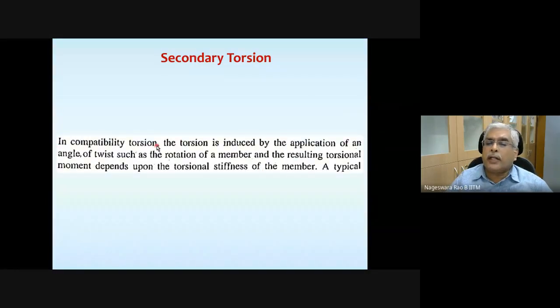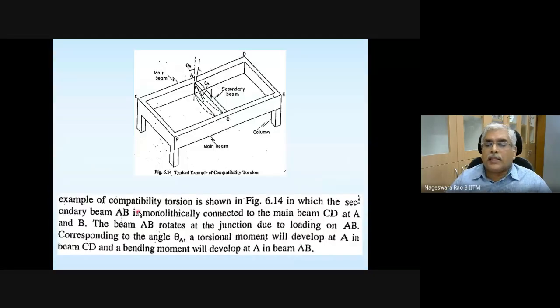In compatibility torsion, torsion is induced by application of an angle of twist, such as rotation of members, and the resulting torsional moment depends on the torsional stiffness of the member. A typical example of compatibility torsion is shown here, in which secondary beam AB is monolithically connected to the main beam CD.